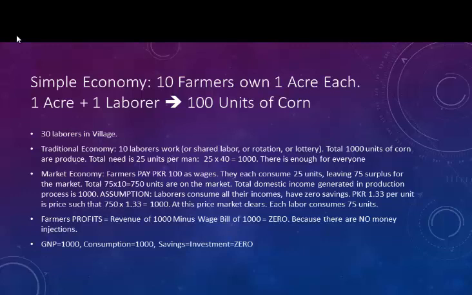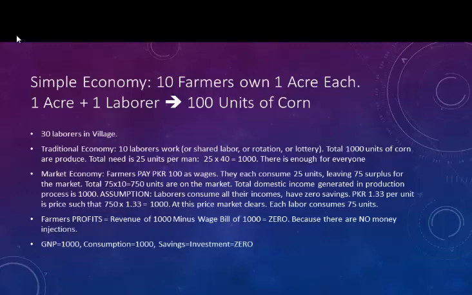Farmers, now we have a market economy, a monetary economy. Things are going to work very differently in a monetary economy. So now we start by paying 100 rupees as wages to hire the laborers. This is one crucial difference from the conventional model, that the wages are the marginal product.